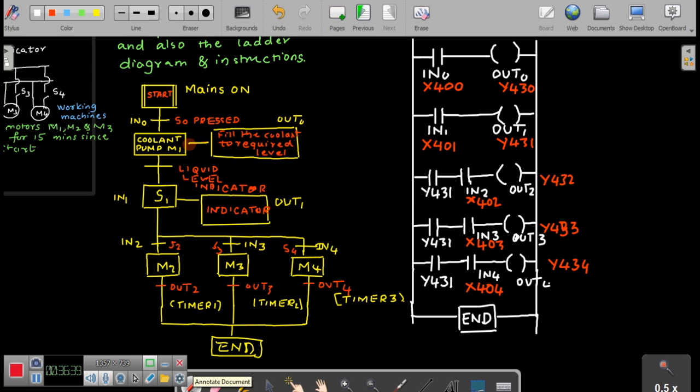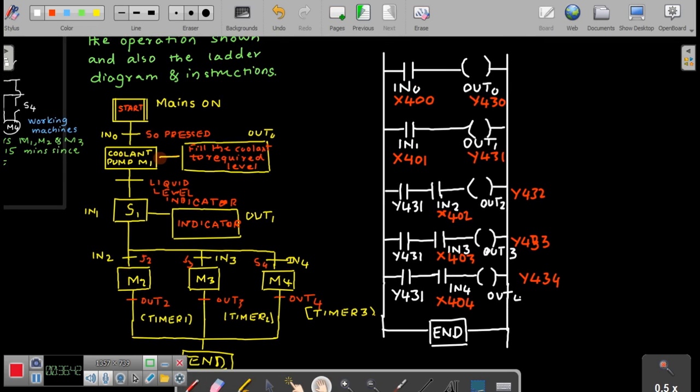Now for this you will have to write the instructions. Let me write the instructions right in front of it. It is very simple, everyone can write on their own. Again, it will be a practice.